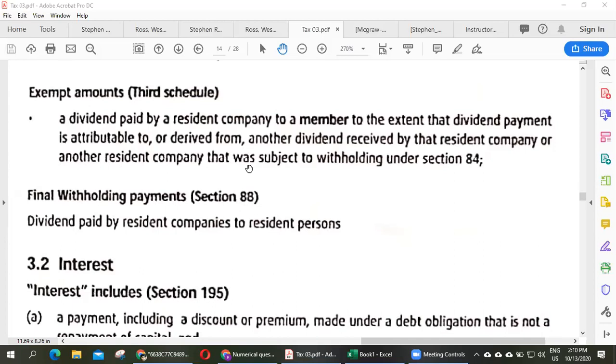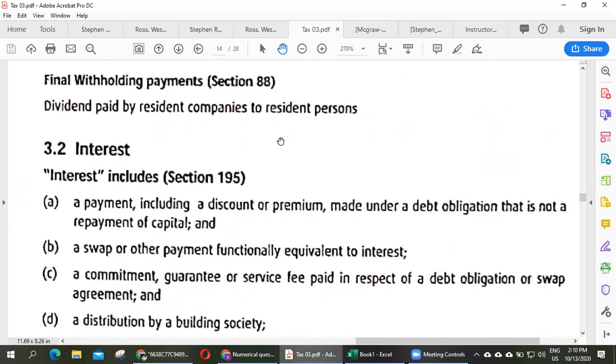Again, the members of the holding company will get that amount as a dividend. And the final withholding payment, a dividend paid by a resident company to a resident person, we also do not include in calculating tax. If tax has already been paid, then there is no need to include that income in the calculation of income tax.